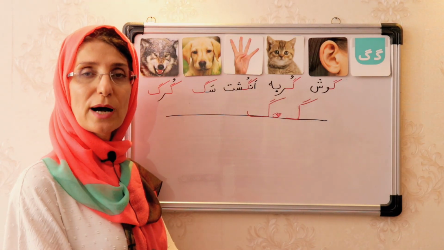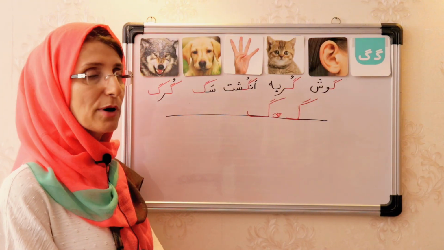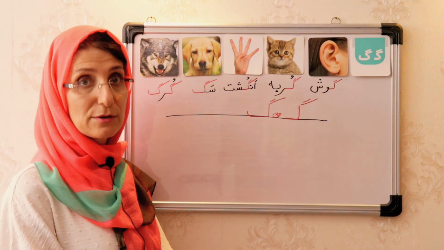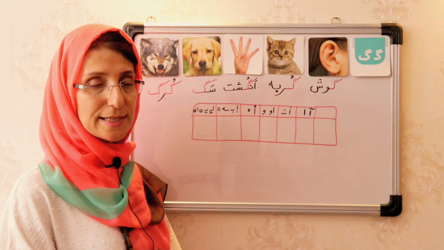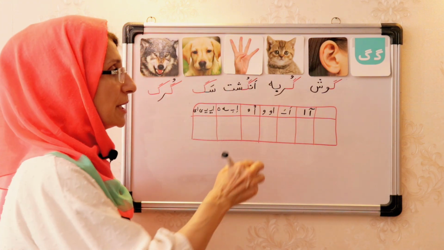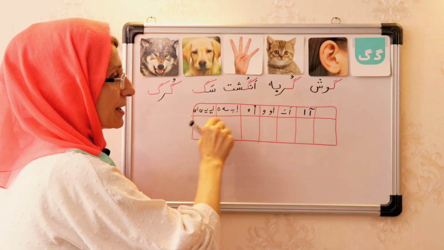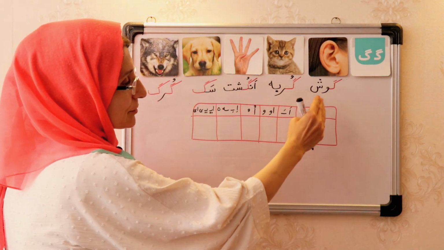Let's go to our table of friendship to see how to combine the G sound with our vowels and make words. Let me draw the table. Now, this is our table of friendship. As you know, in the table of friendship we write the vowel above and the consonant here at the right.